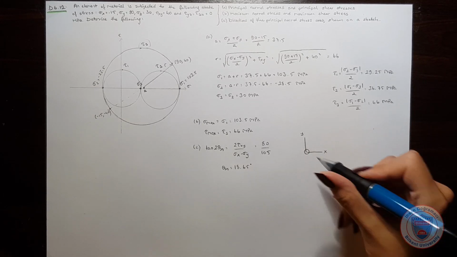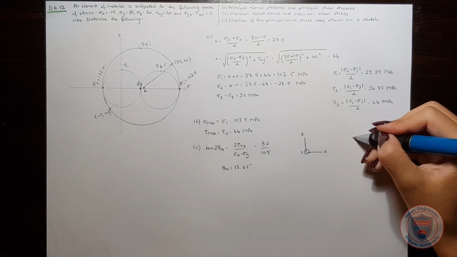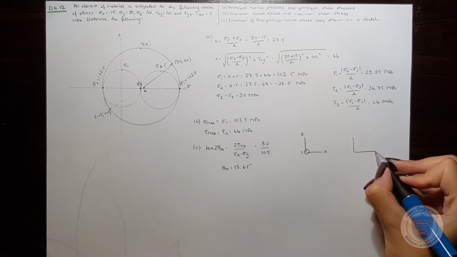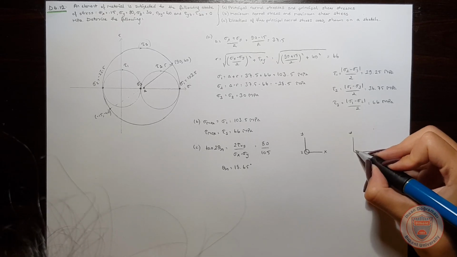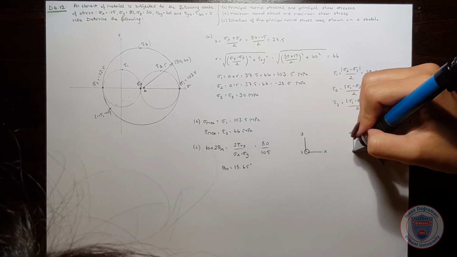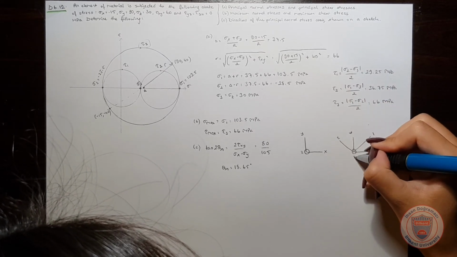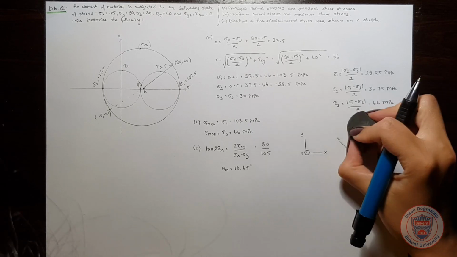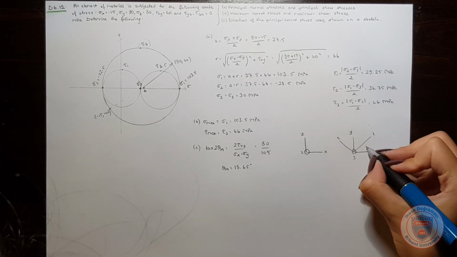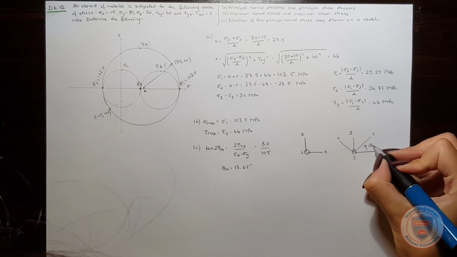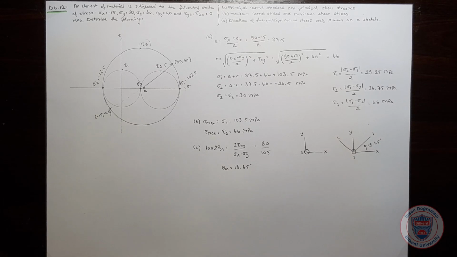This is x, this is y, and this is z. But now it will look like this, and this is y. And this angle will be 18.65 degrees.